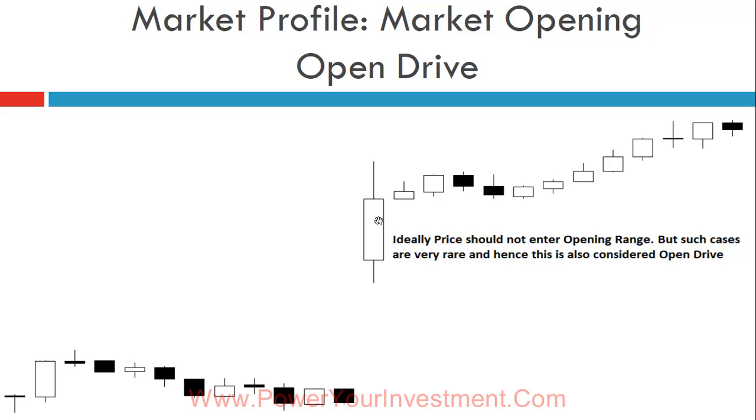The ideal scenario is where the prices do not enter the entire range of the first 30 minutes, but it's very hard to find such profiles now, especially given the phenomenal rise in the number of participants in the market. So a little bit of adaptation is required. I won't emphasize too much on rigid rules here. It's got to be flexible.